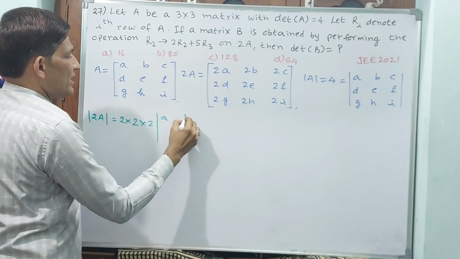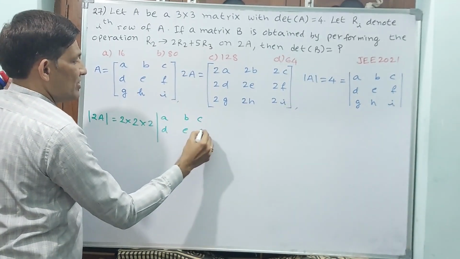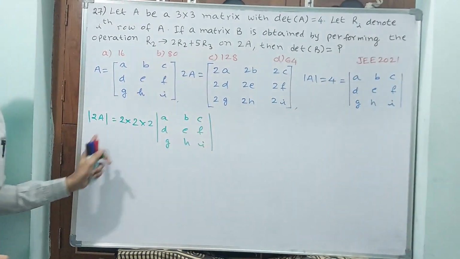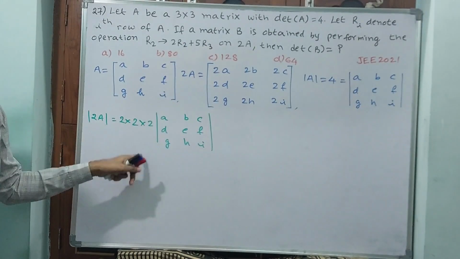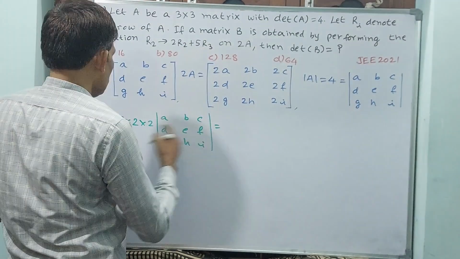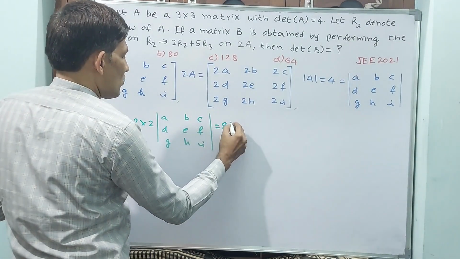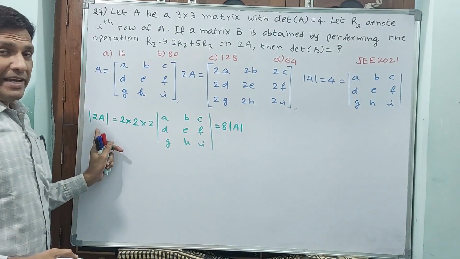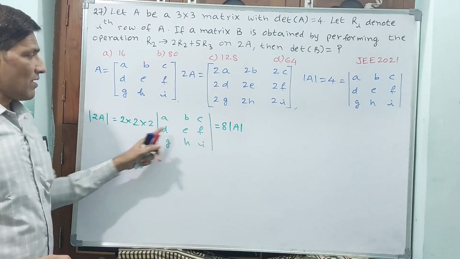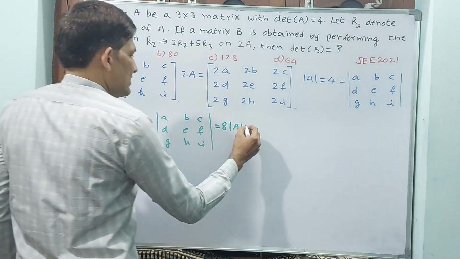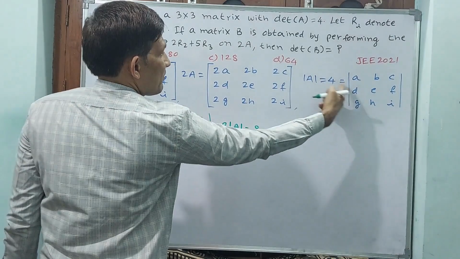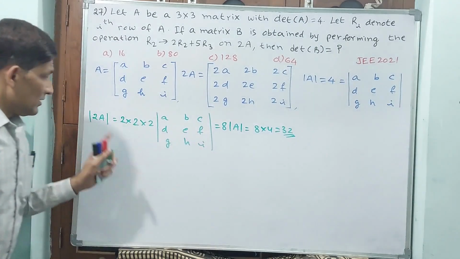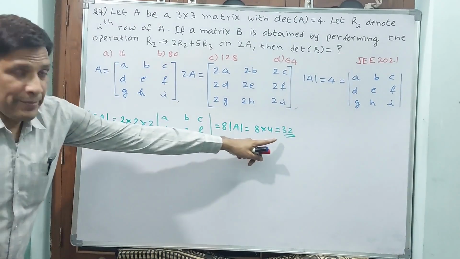Then again A, B, C, D, E, F, G, H, I. Is it okay? Determinant of 2A is equal to 2 into 2 into 2, 8 times determinant of A. Determinant A value 4 is given, so 8 into 4, that is equal to 32.